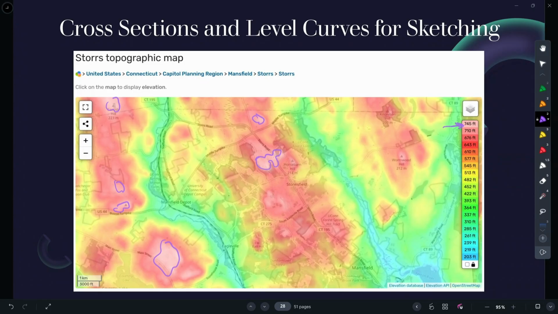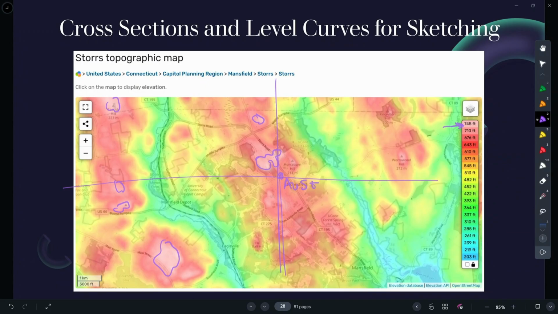So when k is 745 and f of x, y is the elevation in feet at point x comma y, and I put the origin of coordinates at Austin, then my function is telling me what's the elevation in every direction.